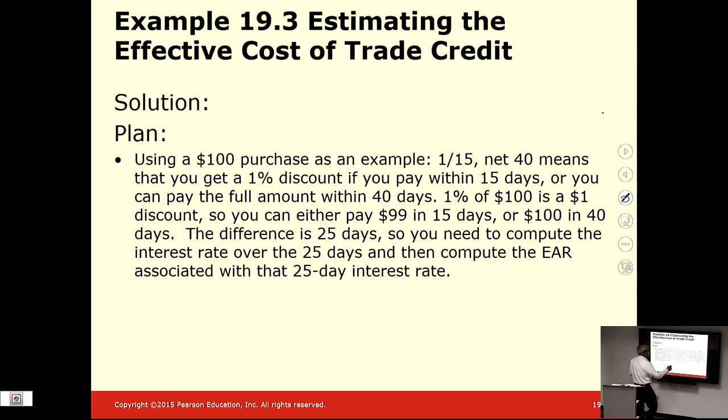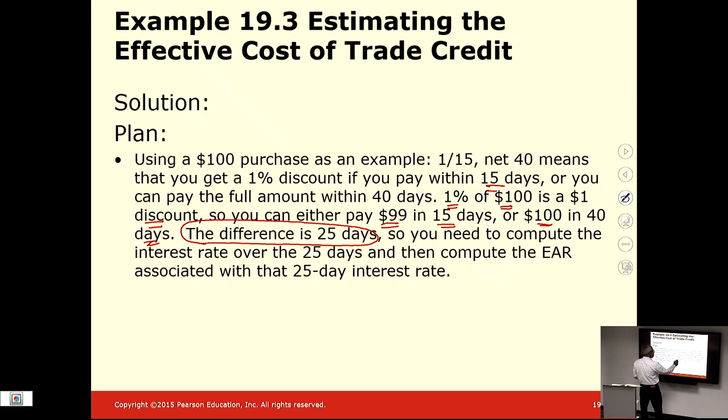So if you pay within 15 days, this 1% of 100 means a $1 discount. That means you are paying $99 in 15 days or $100 in 40 days. So the difference between the $99 payment and the $100 payment is 25 days.